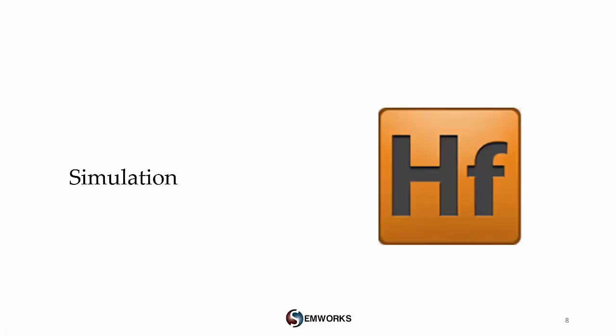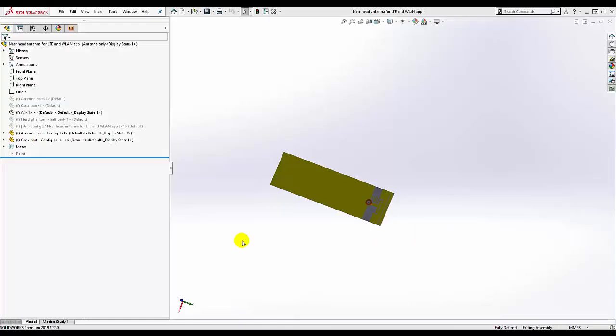But before moving to the simulation results and revealing what we get after simulating our example, let's have a quick demonstration of the HFWorks interface inside SolidWorks and which steps we have to follow to get those results. So here we are. This is the SolidWorks interface. This is our antenna design.